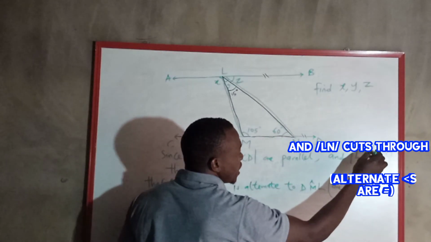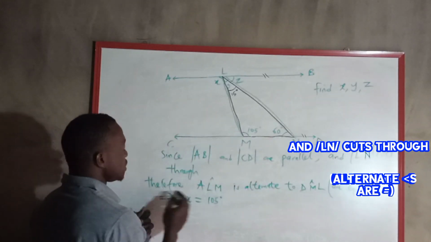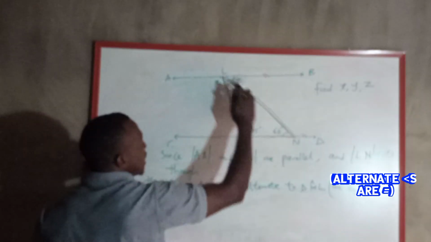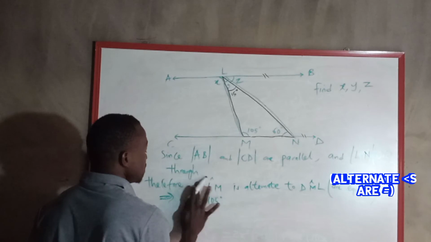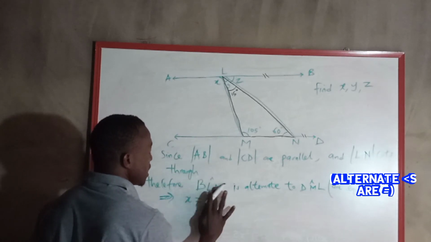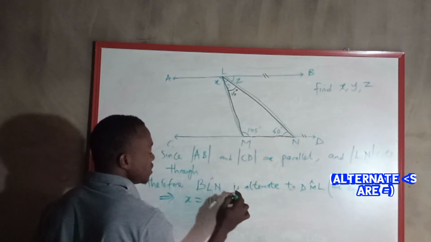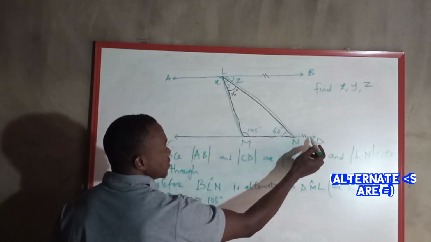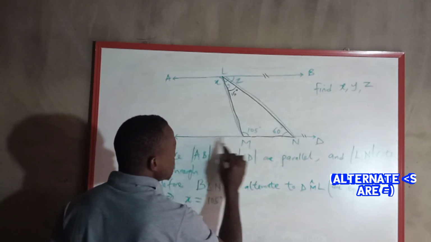And LN cuts through, therefore BLN is alternate to what? CNL.